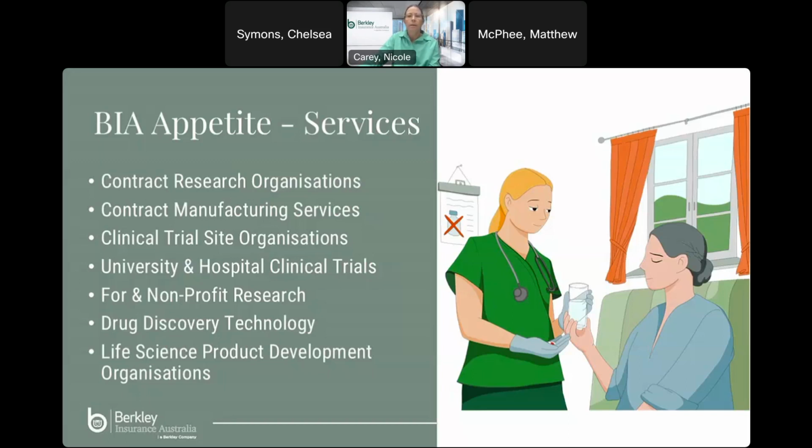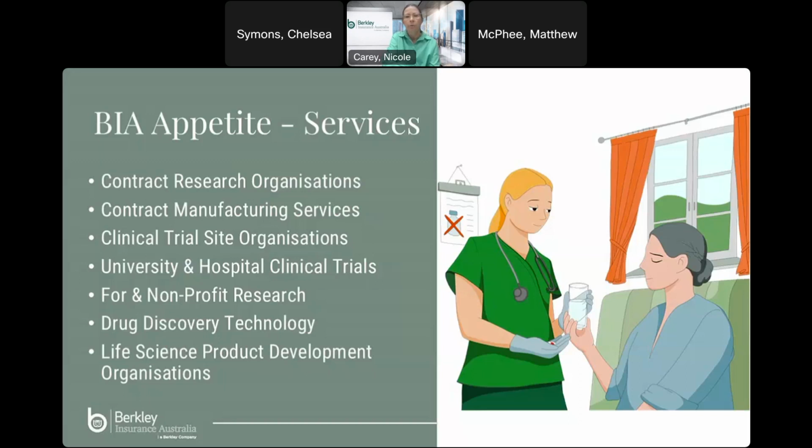The next thing that we've got on the list there are contract manufacturing organizations. These are organizations that manufacture products on behalf of third parties. So the CMOs will receive pharmaceutical or complementary medicine specifications from a third party, and then they manufacture to those specifications on behalf of that third party.